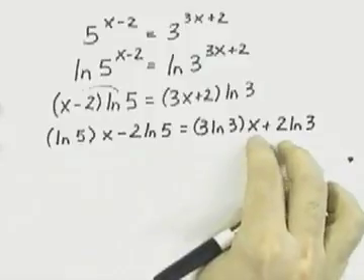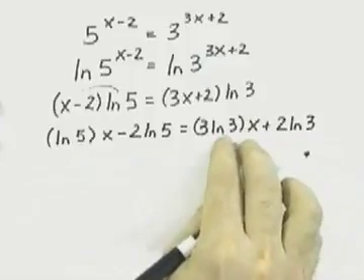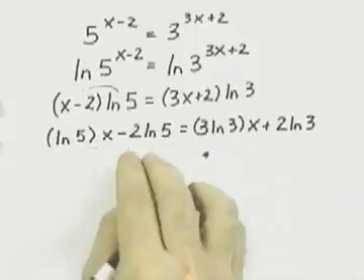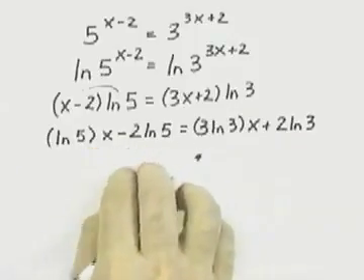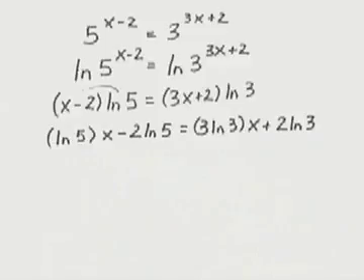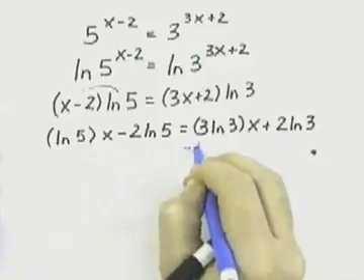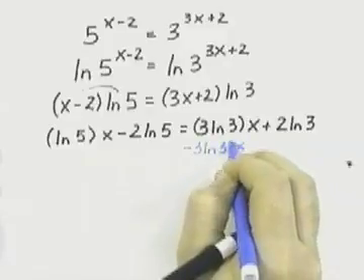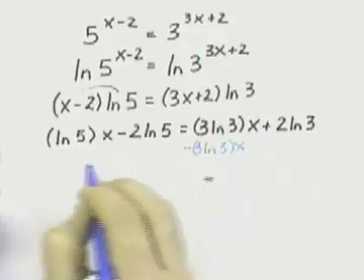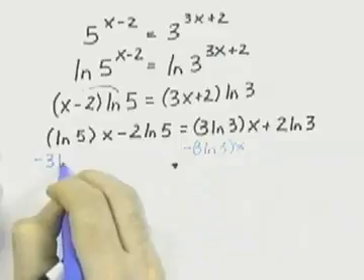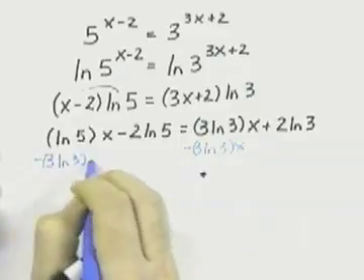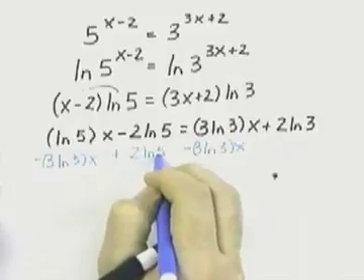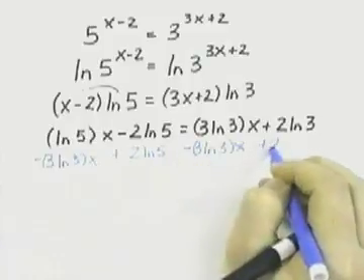With linear equations in the variable x, recall our method of solving is to get all the variables on one side, all the constants on the other. In order to do that, I'm going to subtract 3 natural log of 3x from both sides of the equation. So minus 3 natural log 3 and then x. And I'm going to add 2 natural log 5 to both sides of the equation.